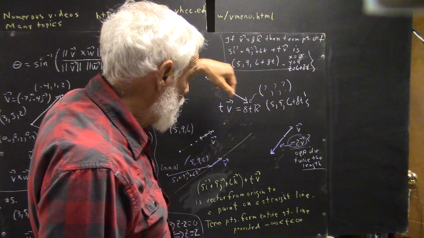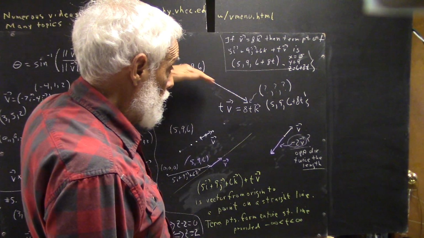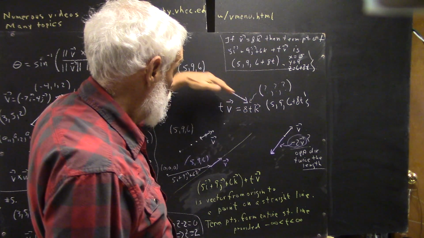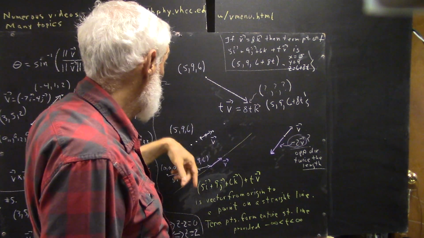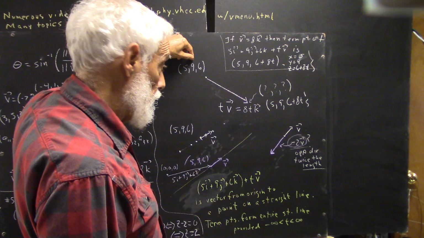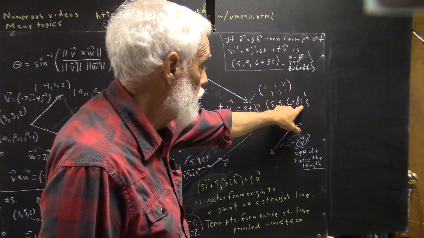We have 0x and 0y components to this vector, so when we move along its direction we're not moving at all in the x or y direction, so x and y stay the same. So our point is going to be 5, 9, 6 plus 8t.